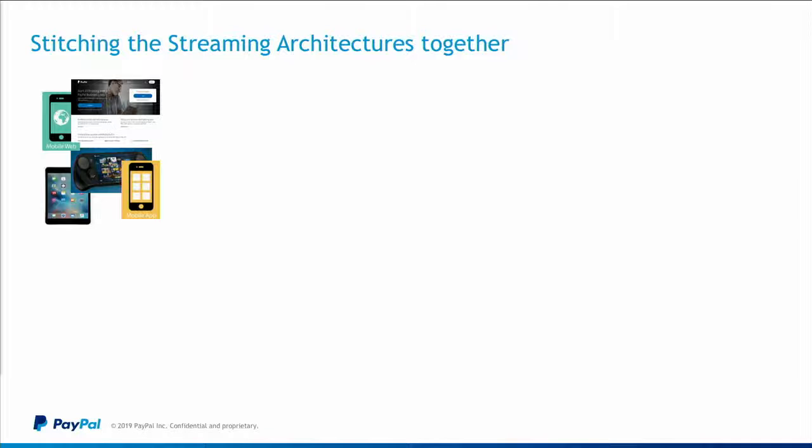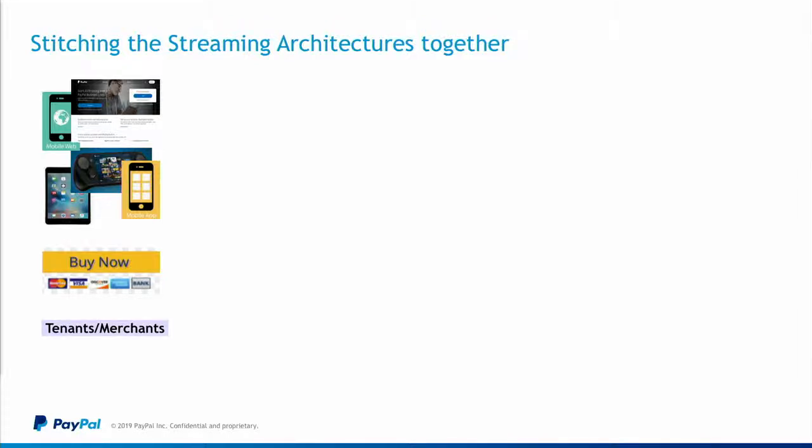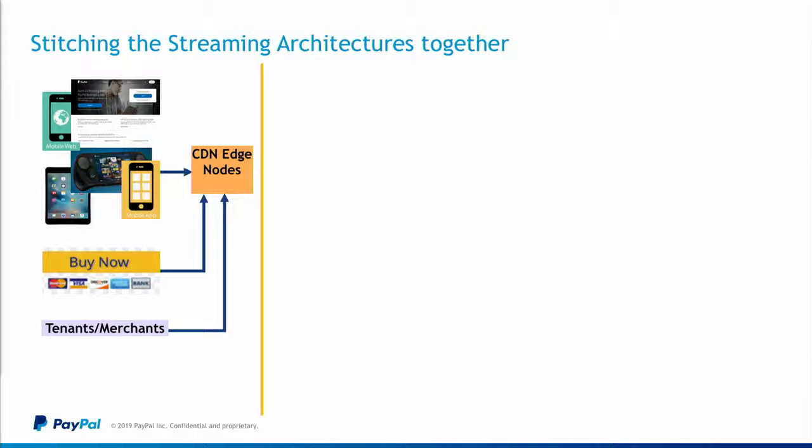So now stitching this together, we have devices, we have the online transactions that are carried out, we have requests that are coming from our tenants and merchants like the Venmo, Zoom, and our merchant integrations. All of these requests come to our CDN edge nodes. They have to cross the firewall, reach out to our Scubes application or our Scubes REST application.